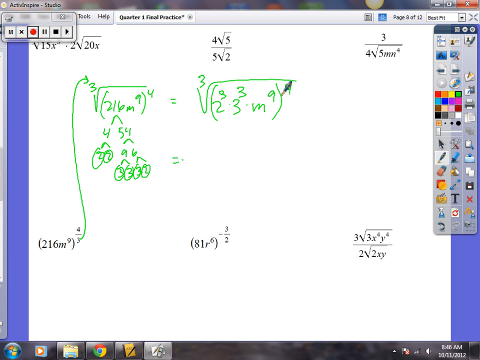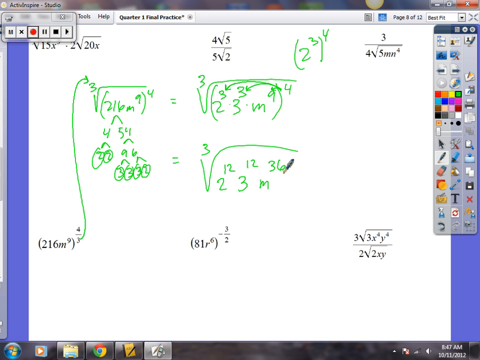You need to distribute this exponent of 4 to each of the 3 factors in here. And it's going to be the cube root of 2. Okay, now here's what you do with those. Do you add them, subtract them, times them, divide them? If you have 2 cubed raised to the 4th, you times them. So you're going to have 2 to the 12th, 3 to the 12th, m to the 36.